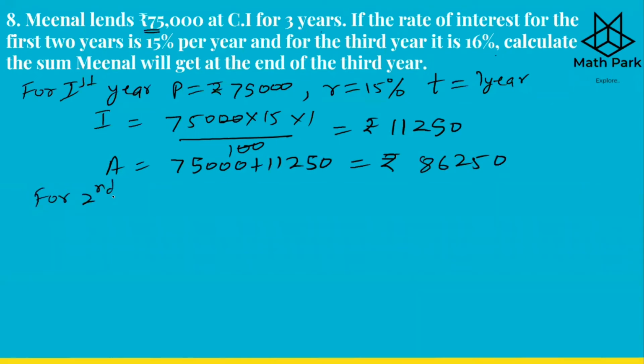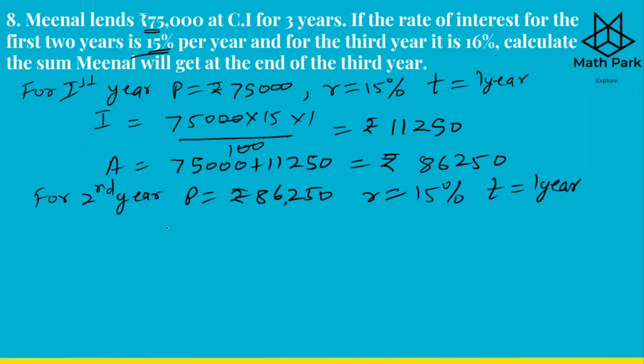For second year, your principal is equal to rupees 86,250. The rate of interest is again for first 2 years, it is 15%. So time period, we are using 1 year again. So we get interest is equal to principal, which is 86,250 into 15 upon 100. Simplify this.